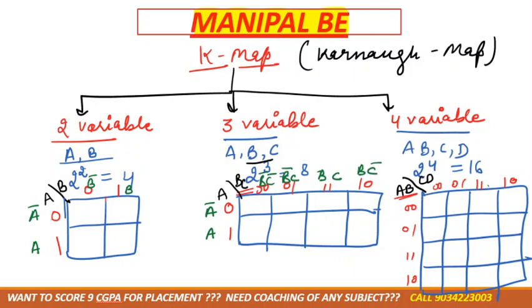Now do this one on your own for the 4 variables. In this we'll have A bar B bar, A bar B, A B, A B bar, right? C bar D bar, C bar D, C D, and then C D bar.